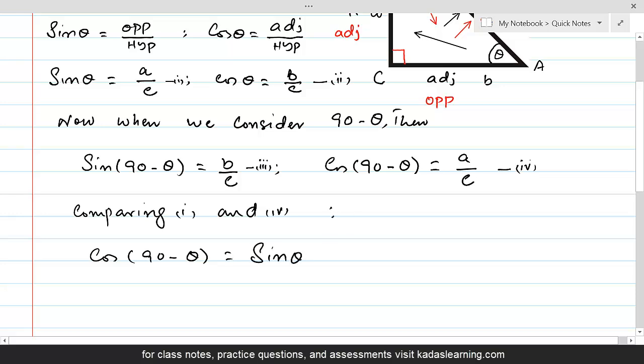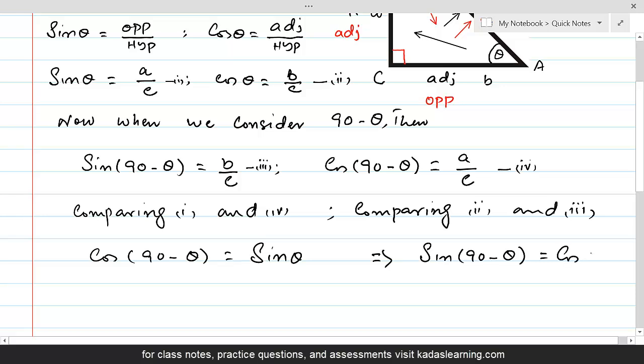And if we compare 2 and 3, both are equal to B over C, this means that sine of 90 minus theta is equal to cos theta. This relationship is very interesting.